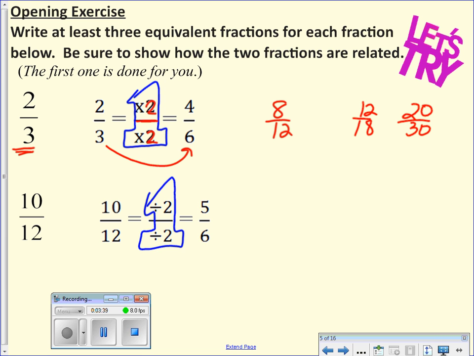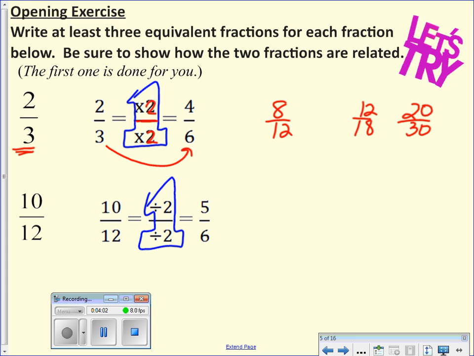What about the next one, 10/12? Well, we could scale it down by dividing by 2 over 2. Or we could scale it back up. What's an equivalent fraction to 10/12? We can do it by 2 over 2.